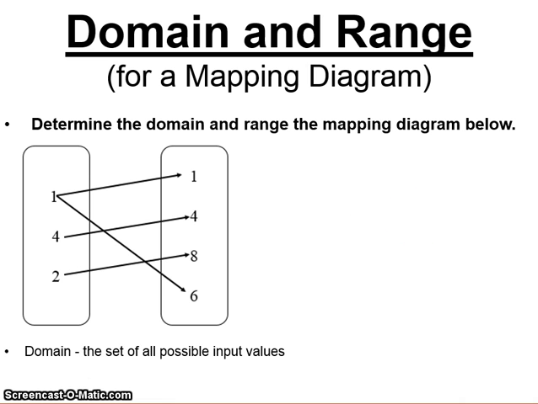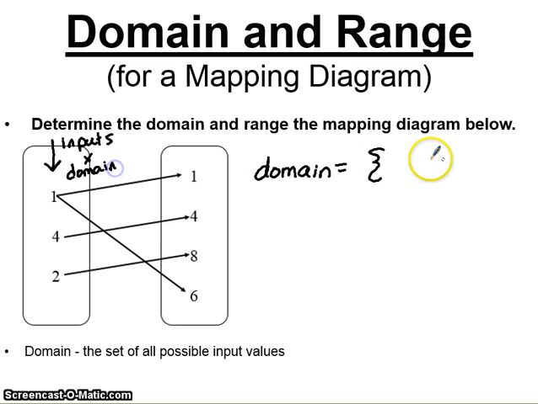So as we look for the domain, which we know is the set of all possible input values, we know that the inputs of the ordered pairs are organized here on the left. These are the inputs, or the x, also known as the domain. So what are the possible numbers that are in the domain? We have 1, 4, and 2. Those are the only three numbers listed as inputs or listed as the domain.